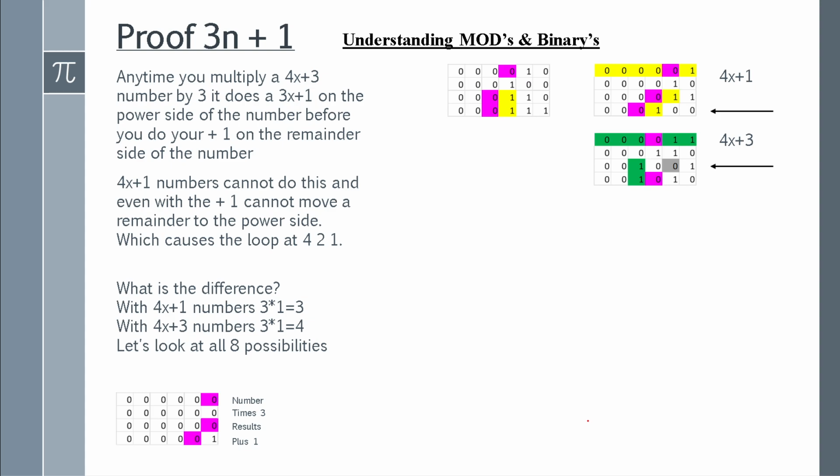It's in the 3rd slot, and it remains in the 3rd slot after we add 1. So we multiply by 3, we change the power of that number by 3x plus 1, and then we add 1 to the remainder side. 4 does the same thing as 2, right? We move the power position from 4 to 5.